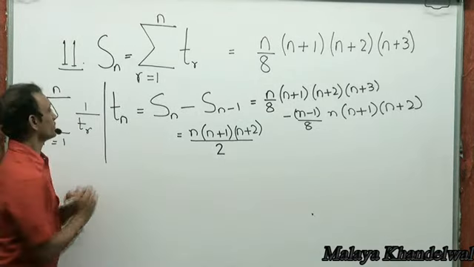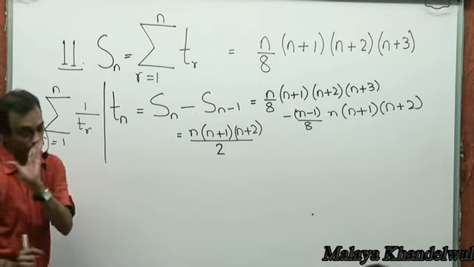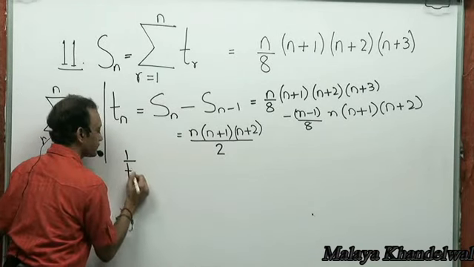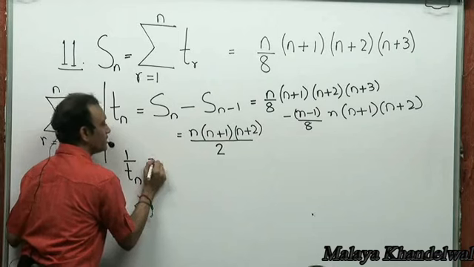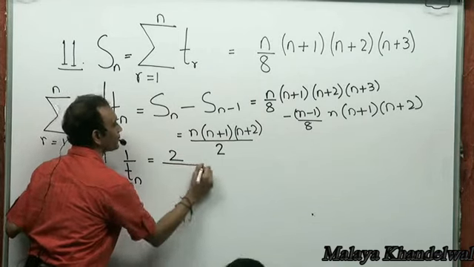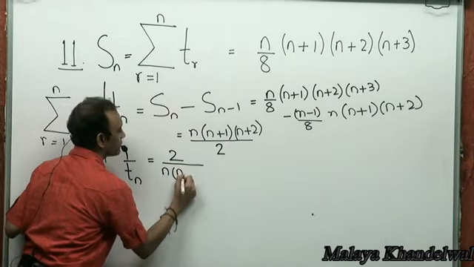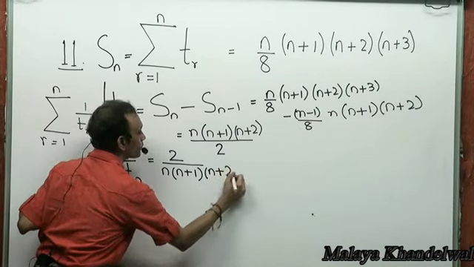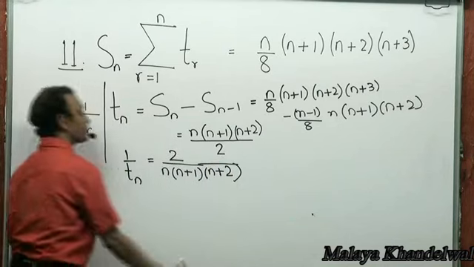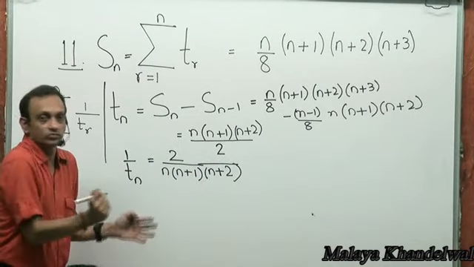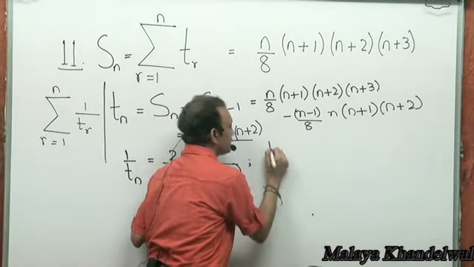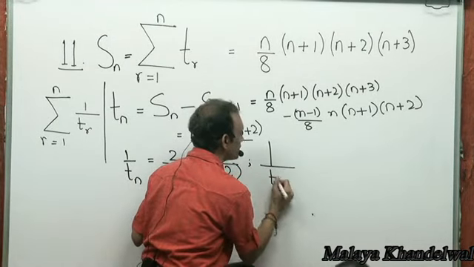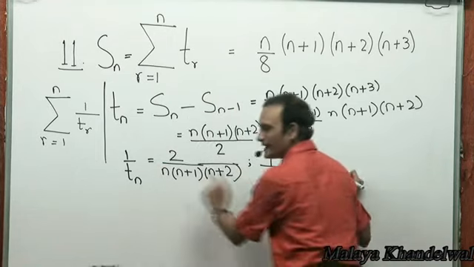Right? So then, Tn is known to us. So 1 by Tn is going to be 2 divided by n into n plus 1 into n plus 2. So the general term of the sequence, 1 by Tr, replace n by r.